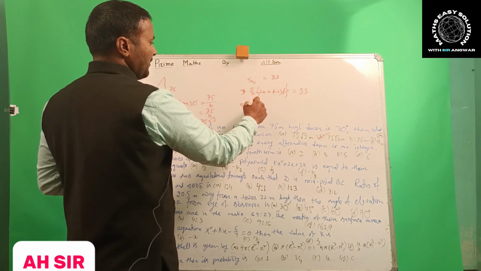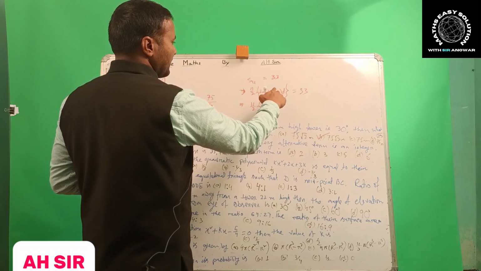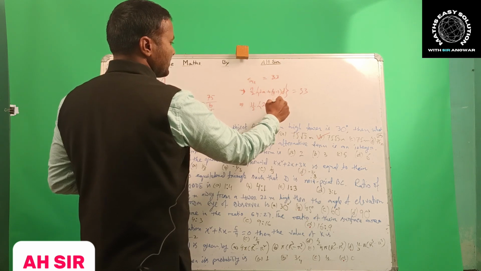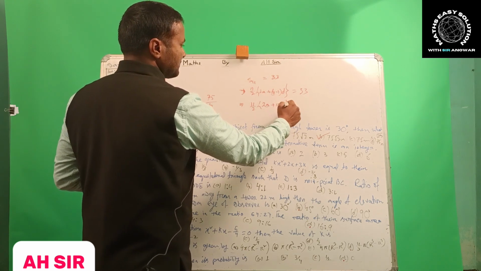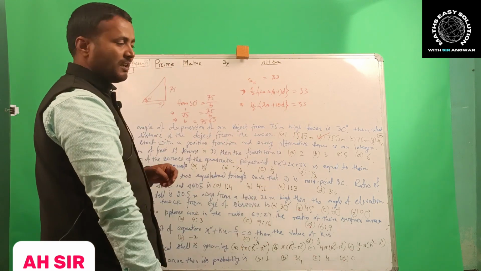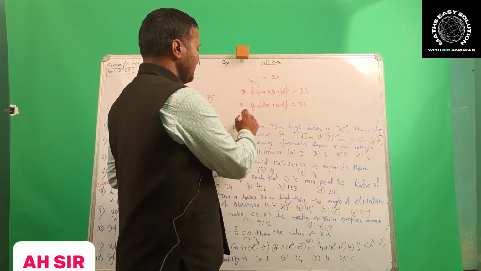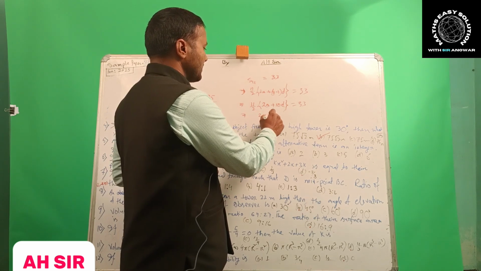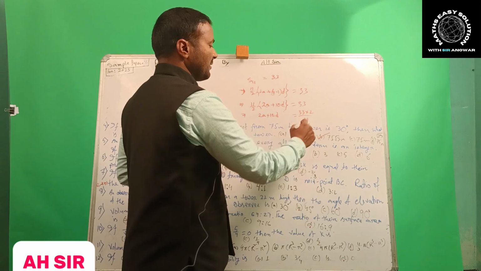So 11 by 2 times 2a plus 10d equals 33. Cross multiplying, it will be 2a plus 10d equal to 33 into 2 by 11.